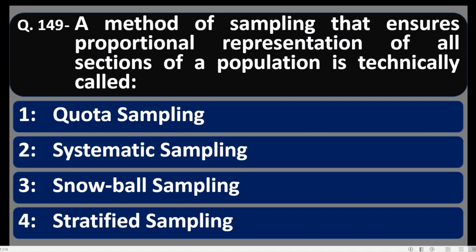On the basis of this ratio, the subjects for the sample are selected from each section in the same proportion. So in quota sampling, proportional representation of all sections of the population is found. Quota sampling.